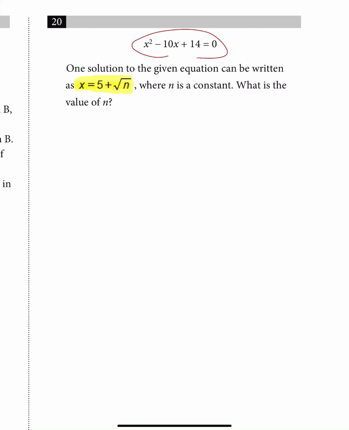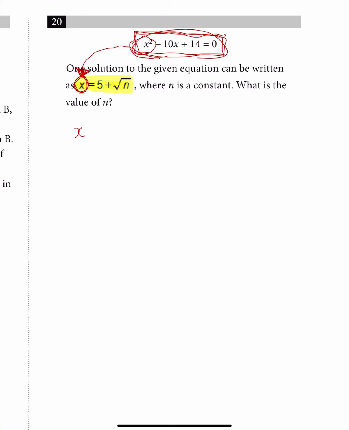Starting from x equals 5 plus root n, we need to find this x, right? Once we find the solution for x from this equation, we can apply the x into here.